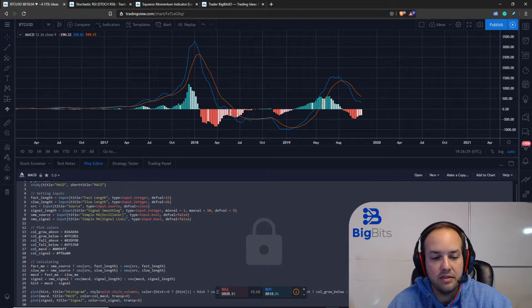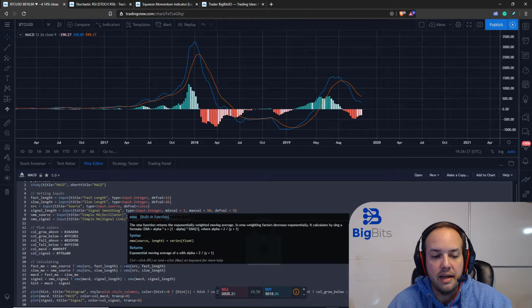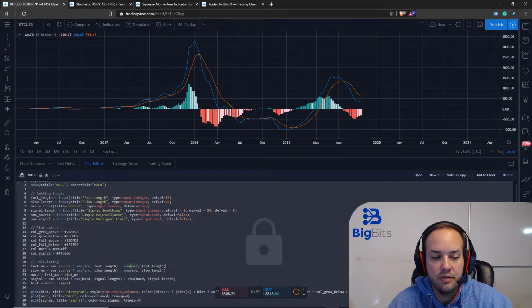There is a fast, which is the 12, and there is a slow moving average, which is 26. Now, by default, these use the exponential moving average function. So we're getting the exponential moving average of a 12 period and 26 period moving average, both of them exponential.